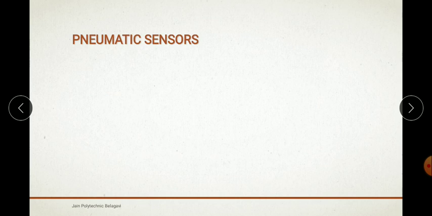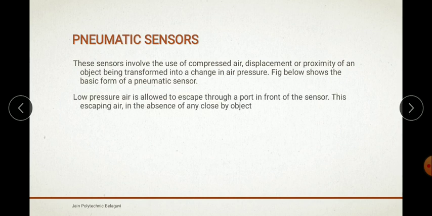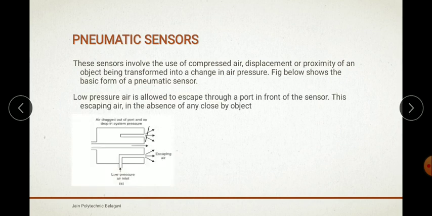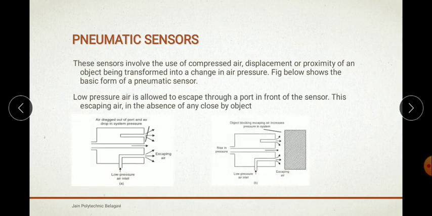This pneumatic sensor can be explained with the help of the figure. Here we can see two figures, figure A and figure B. In figure A we can see the low pressure air inlet, where the air with low pressure passes through and easily escapes. The air is dragged out of the port and so there is a drop in the system pressure.